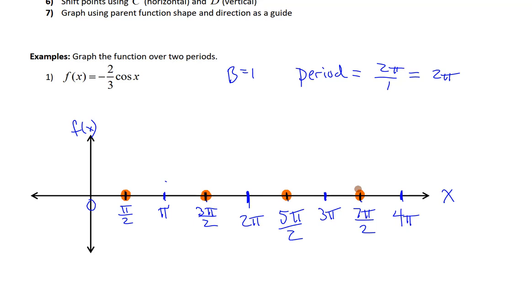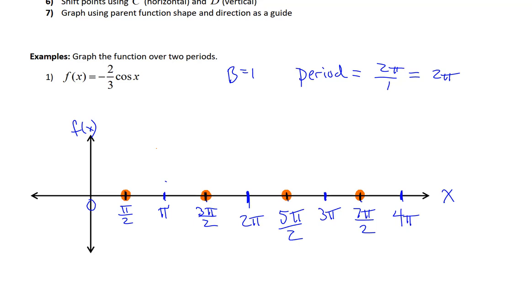Cosine is 0 when the x-coordinate of the terminal point is 0. Well, that happens at the top or the bottom of the unit circle. You can spot it there, or you can start to just notice the pattern. Like every other tick mark, the way I've drawn them so far, is where we're seeing these x-intercepts. This is the process that helps us just use the pattern to our advantage for these periodic functions.